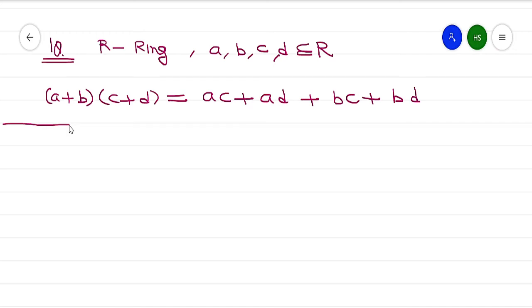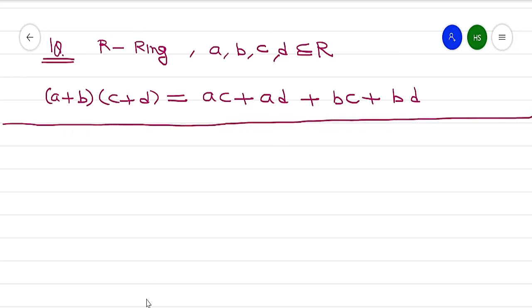The result is very easy, but how can we prove it?